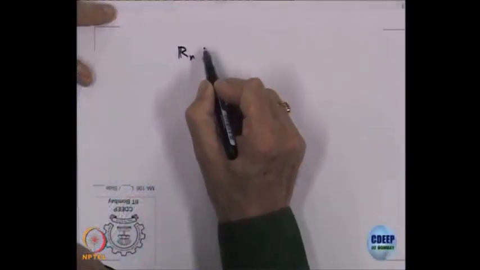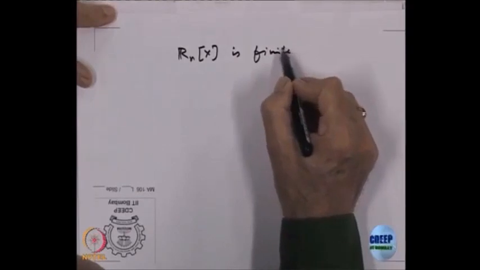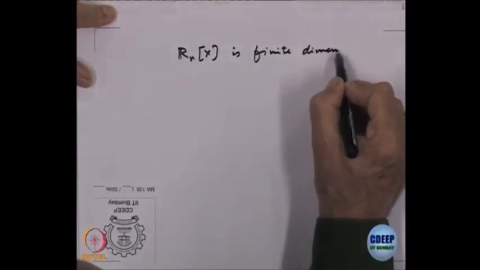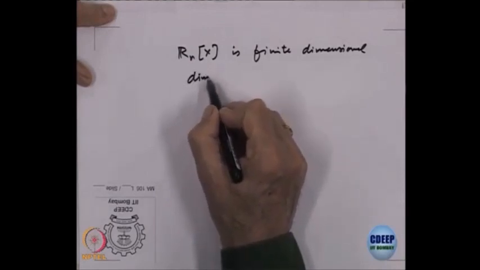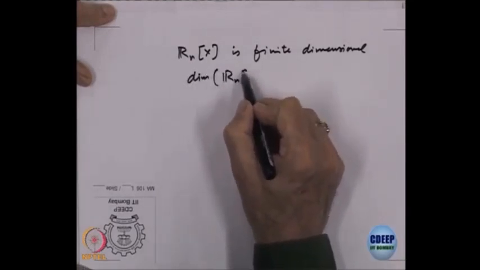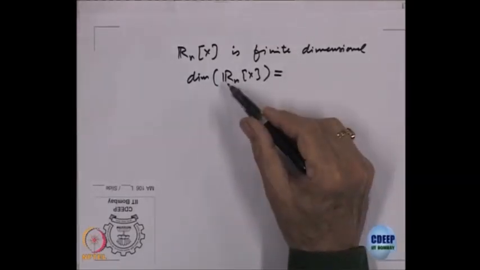So, let us look at examples. R n x is finite dimensional. What is the dimension of this? We got a generator, right.